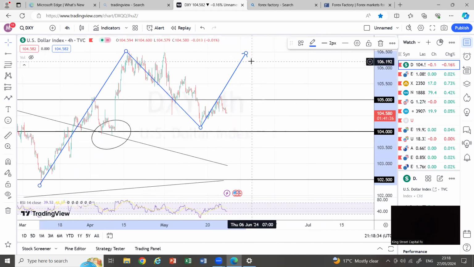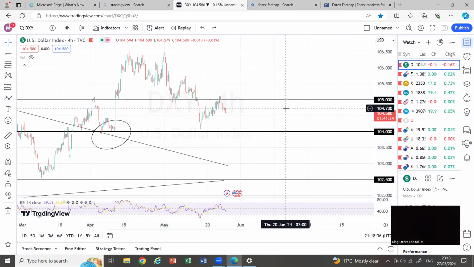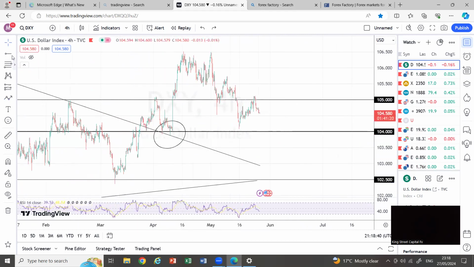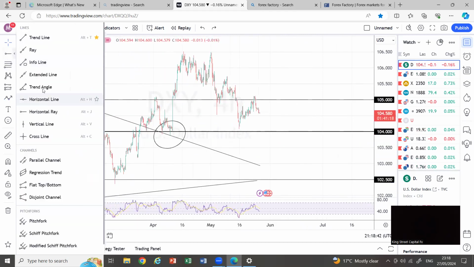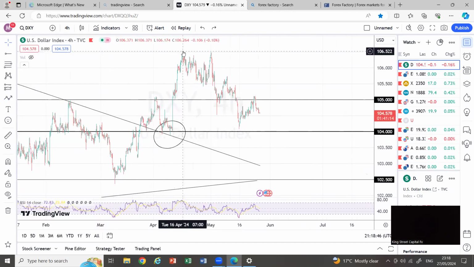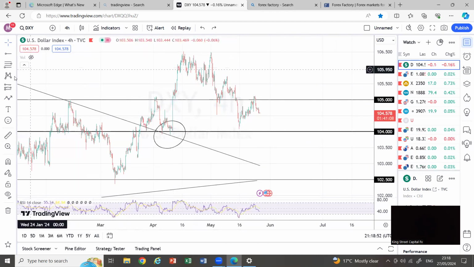However, we could see that price has been rejected, also following this downtrend. But remember, this is still a push to the upside. We still made a higher high, higher low. If we take this one, it hasn't been broken yet.